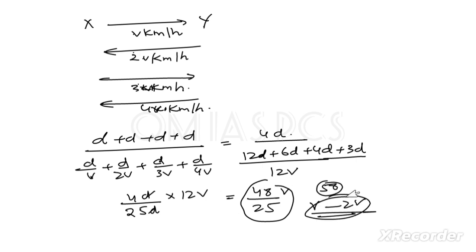Is it clear? Because if you convert this improper fraction, it will be 1 whole 23 by 25, v. That means it is greater than v and smaller than 2v. So your answer will be the second option, between v and 2v.